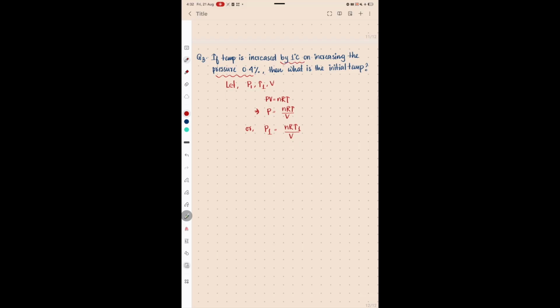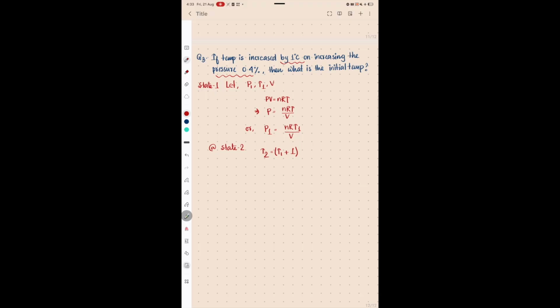So what it tells, if the temperature is increased by 1 degree centigrade, at state 2, this was your state 1, state 2 has temperature T2 = T1 + 1.